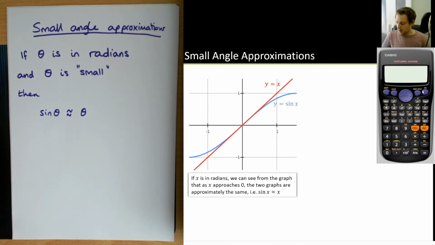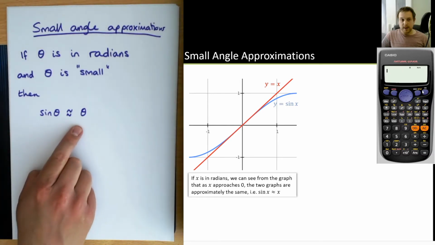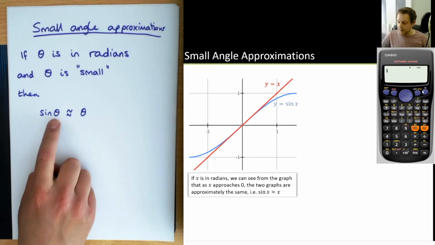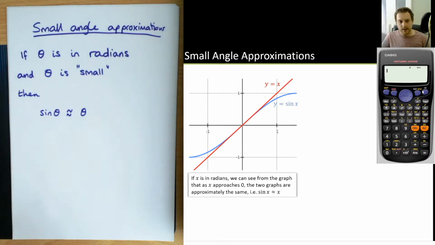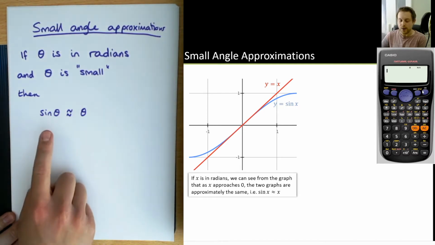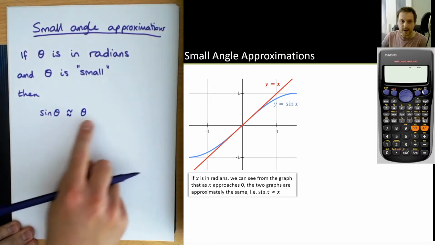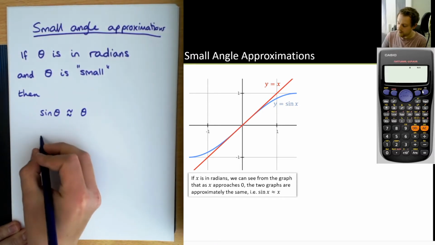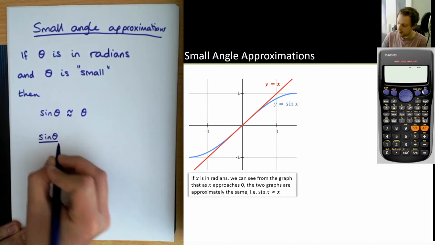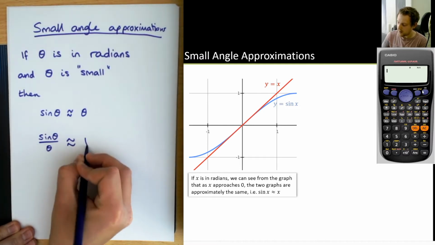So anyway, sine theta is approximately equal to theta. Now, it's going to be easier, and actually it's where this comes from. So I'm cheating slightly, because really the small angle approximation comes from if I divide by theta. Okay, so if I divide this approximation by theta, I get this.